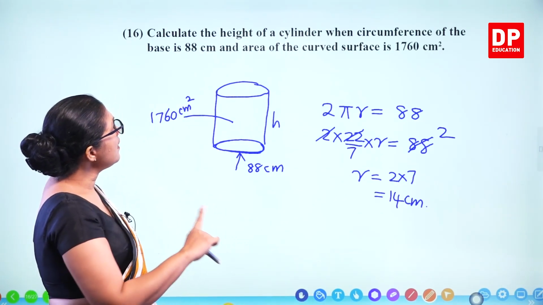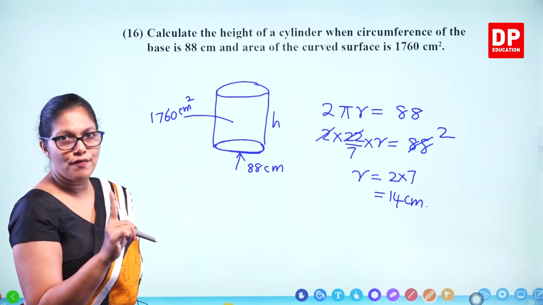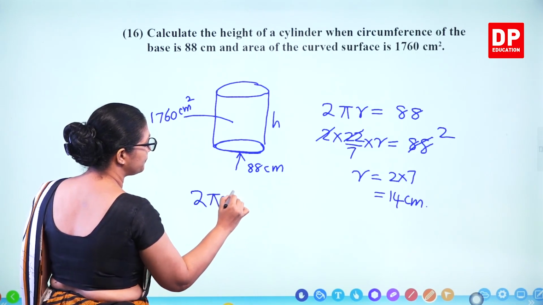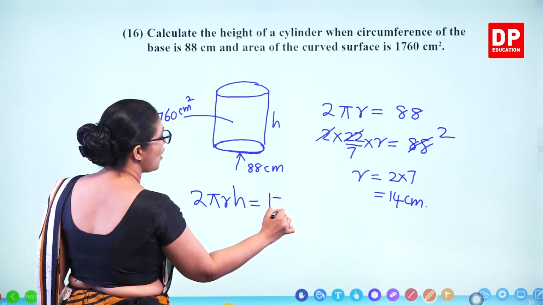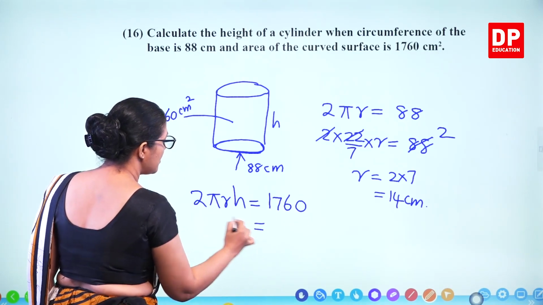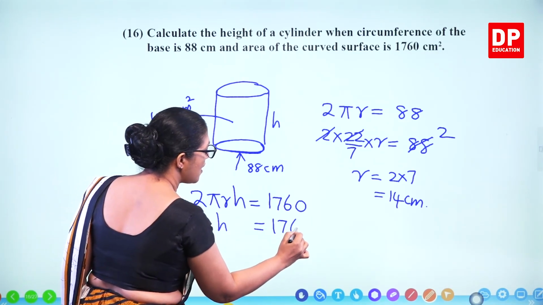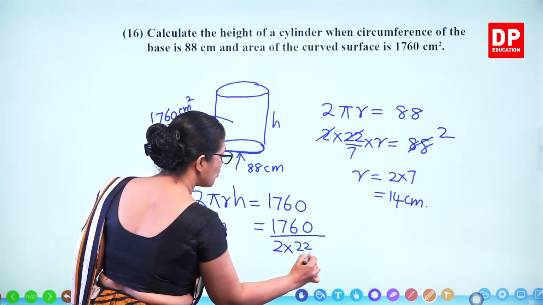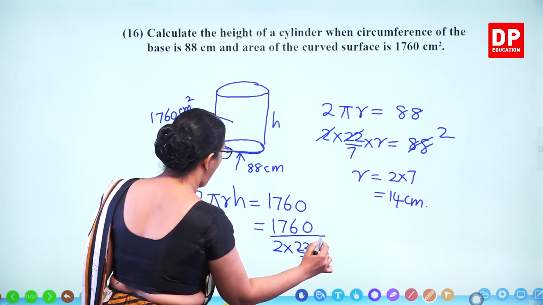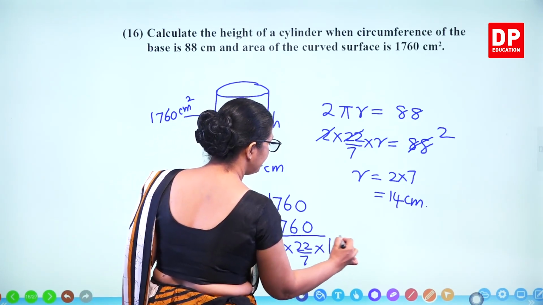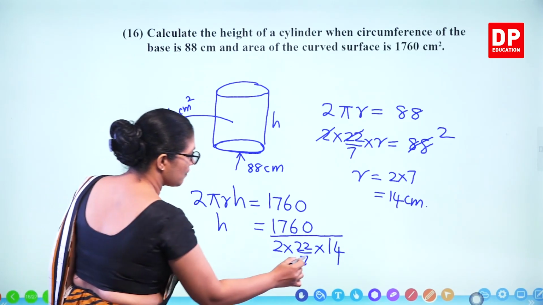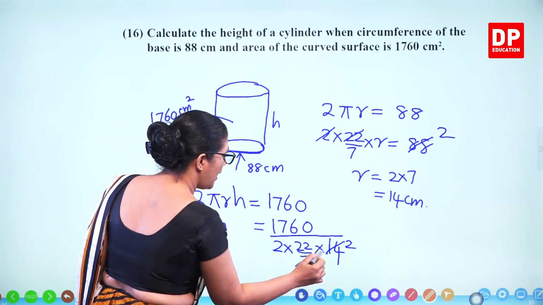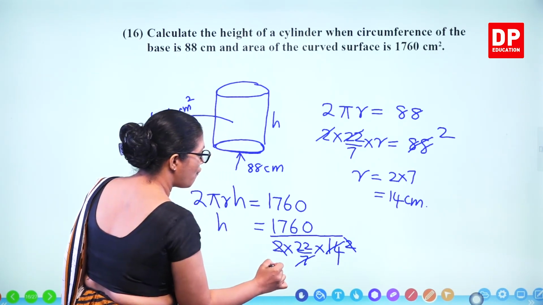Now we'll apply the formula for curved surface area. So what's the curved surface area? 2 pi r h. That's equal to 1760. So what's h? 1760 divided by 2, and pi is 22/7 and r is 14. 7 times 2 and 2 times 2, 4.